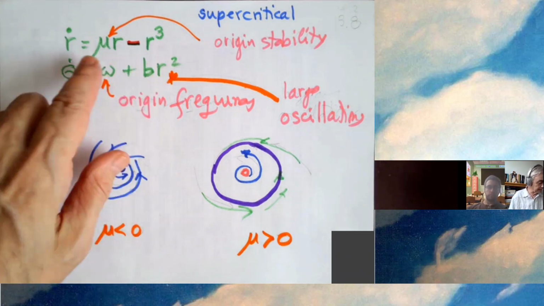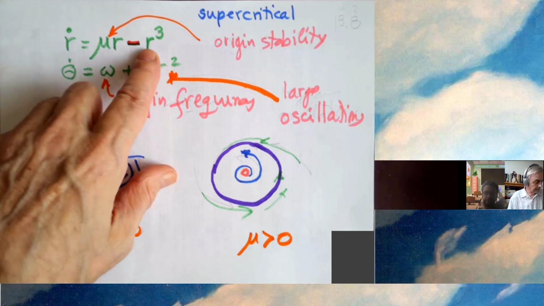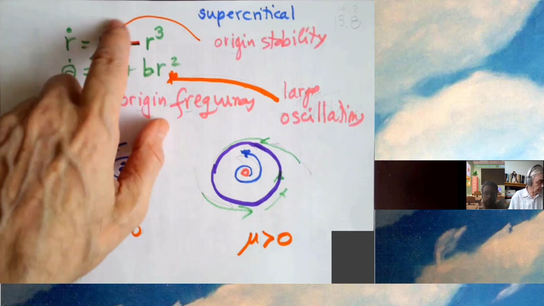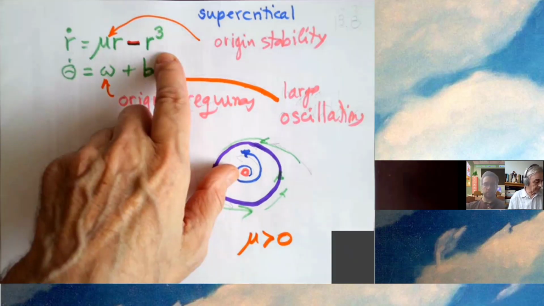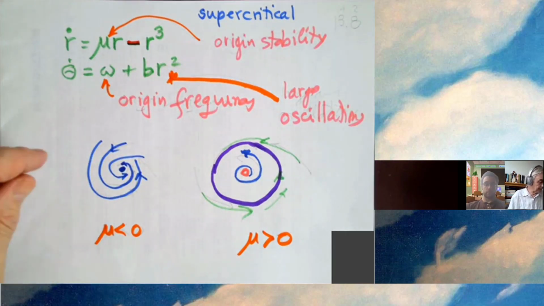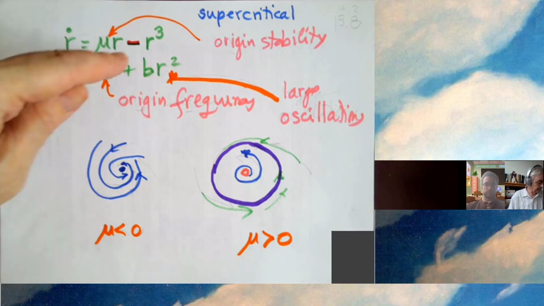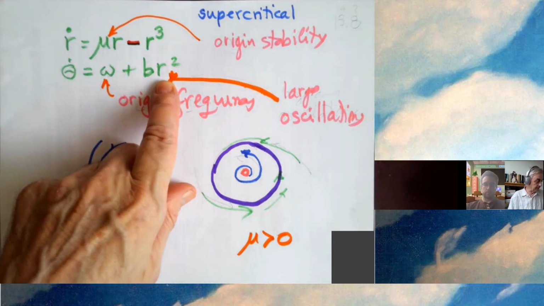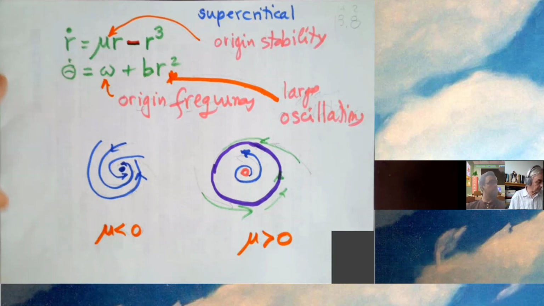And that you do by taking a higher power of the radius, here r cubed, which when r is sufficiently far away manages to balance the expanding term, and when r is very large, it's a damping because this is a negative sign. And in simplest non-trivial models, you rotate, but in the angle you have some dependence on the radius, not necessarily in the radial component.